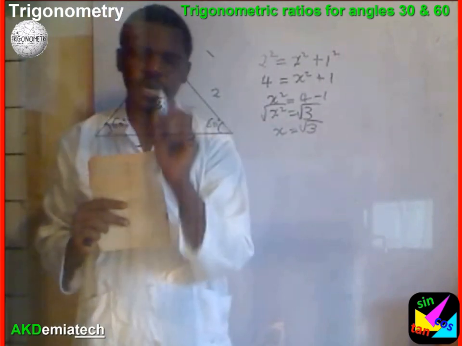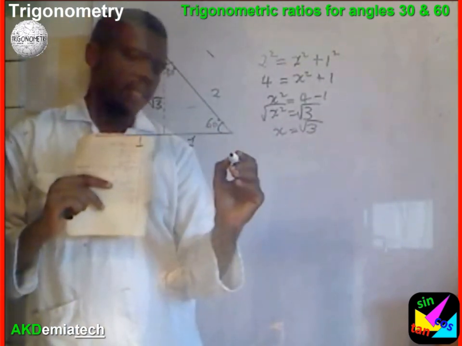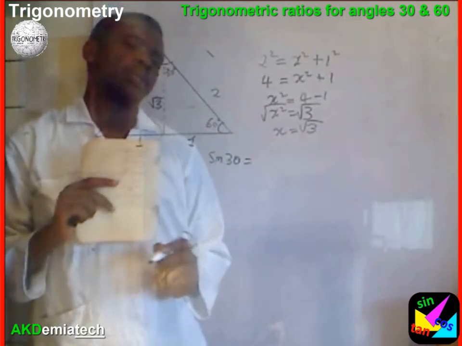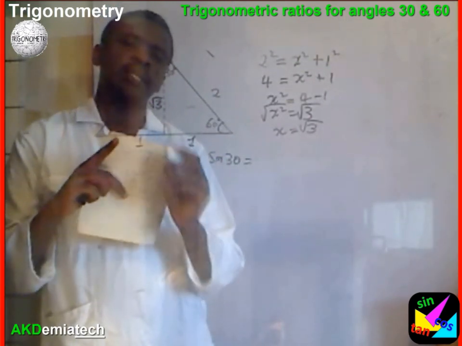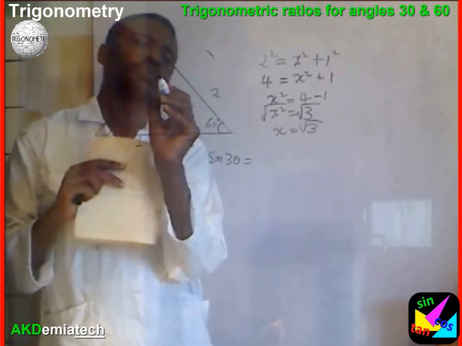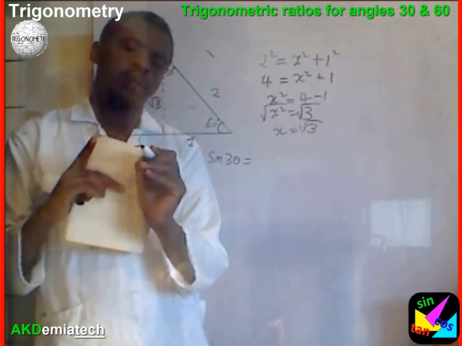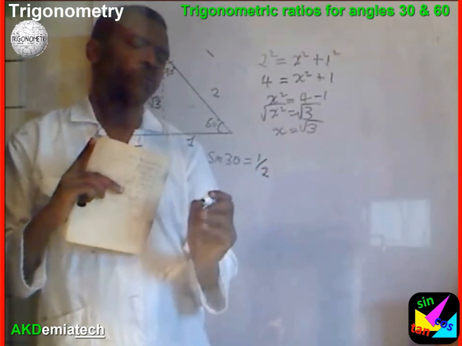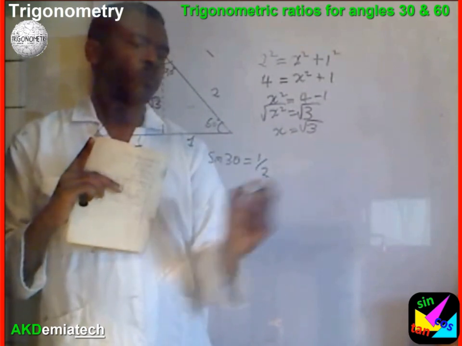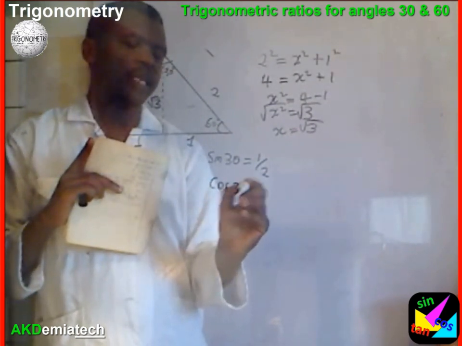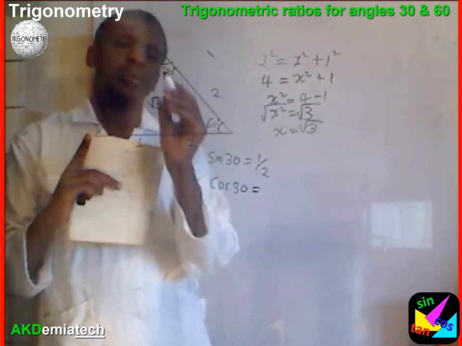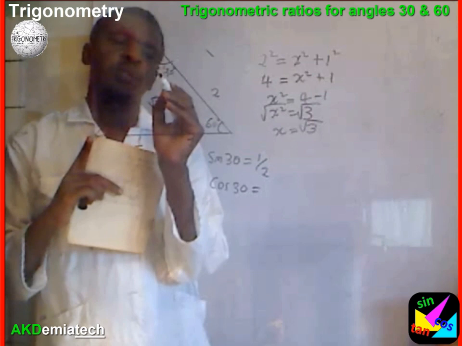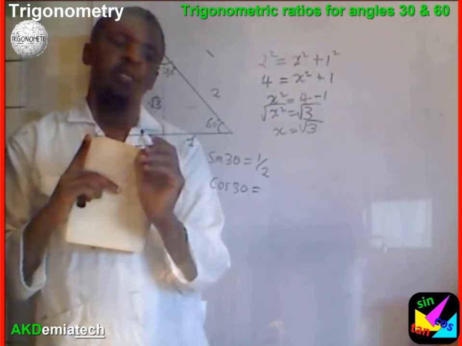Now from here, let's start with sine. Sine 30, go by SOHCAHTOA. Sine is, this is our angle here, opposite all over hypotenuse. So I have 1 all over 2. Cos 30 is equals to, this is our angle here, cosine is given by adjacent all over hypotenuse.